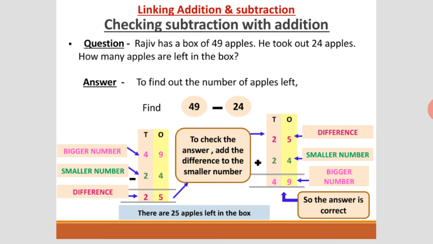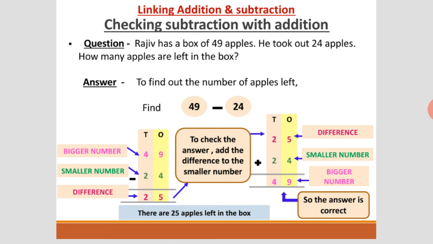Now let us check the answer. We obtain the difference as 25. Which is the smaller number between 49 and 24? Here, yes, 24 is smaller. Now, add the smaller number with the difference. The sum obtained is 49.